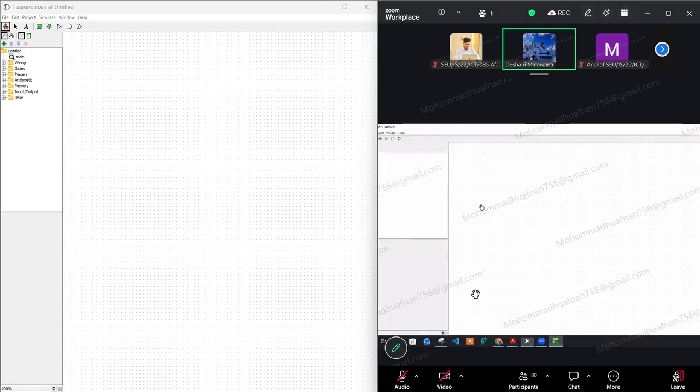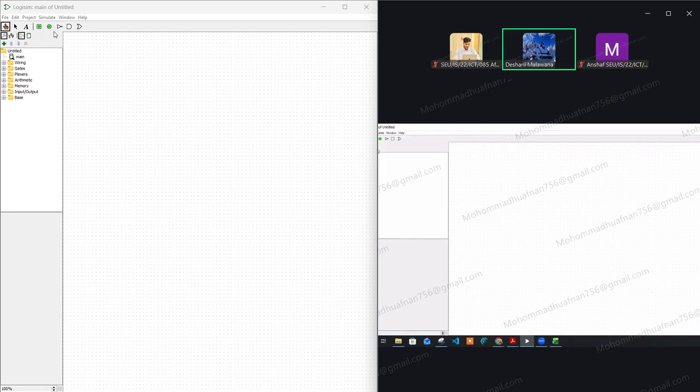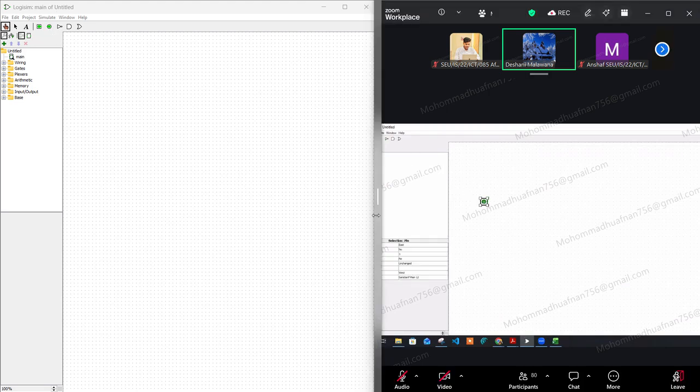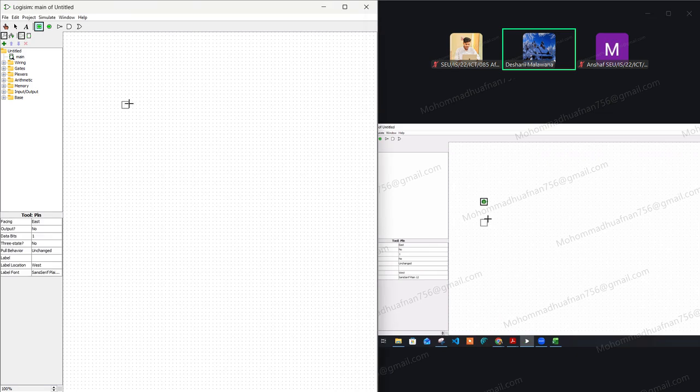So we need three inputs here. So we will take this one here. Okay, so we'll create the inputs as B0, B1, then B2.